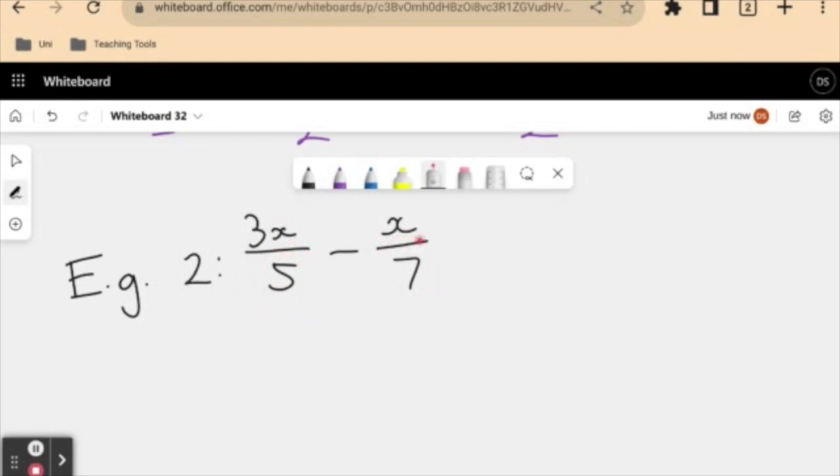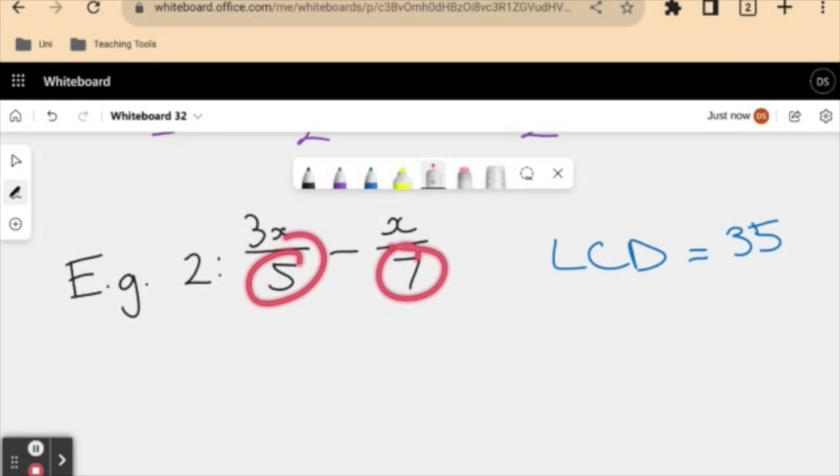So we need the lowest common denominator, the lowest number that both of these go into. In this case, our lowest common denominator would be 35. So this is the lowest number that both of these can go into. So I essentially want to make these both 35. So how can I do that?